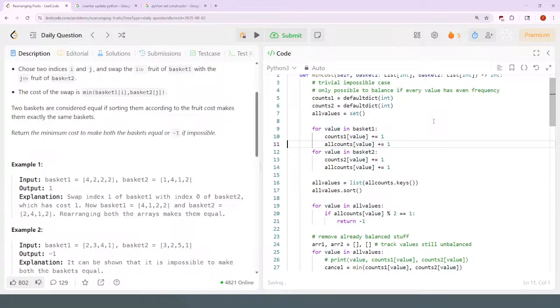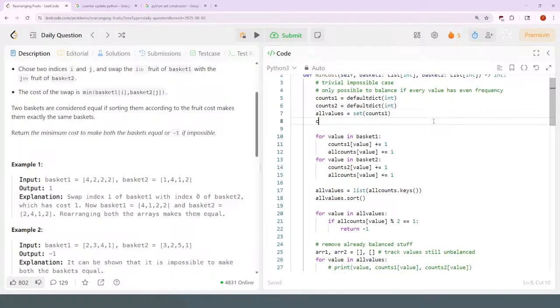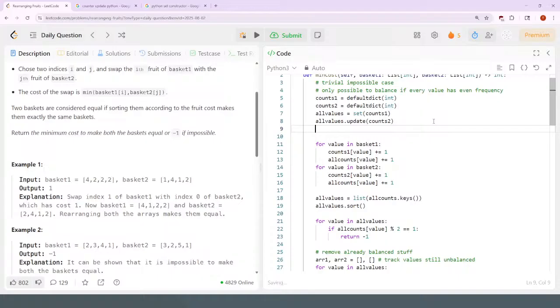So let's say, actually all values, let's say it's the set counts 1, and then all values update from counts 2. And then you convert to a list, and then I need to sort the list.